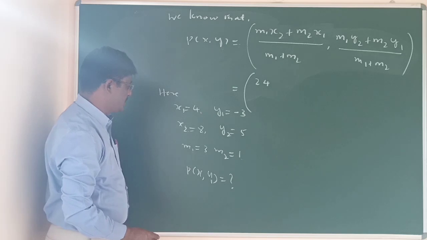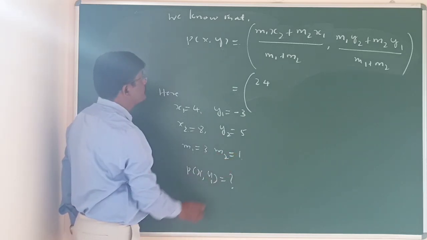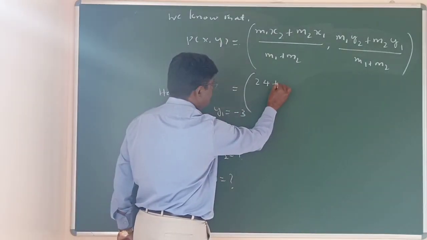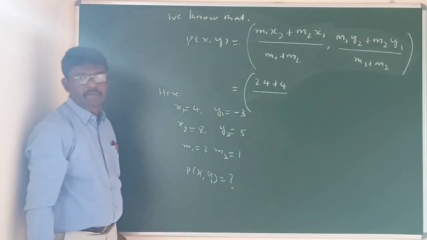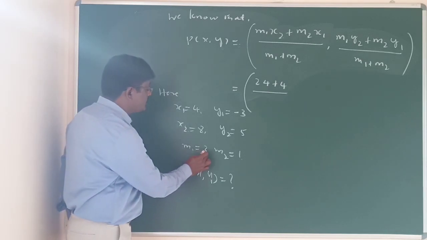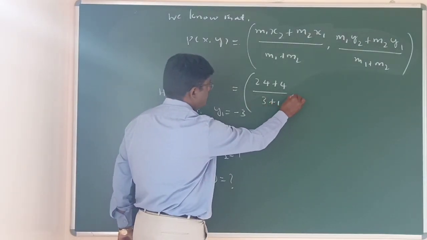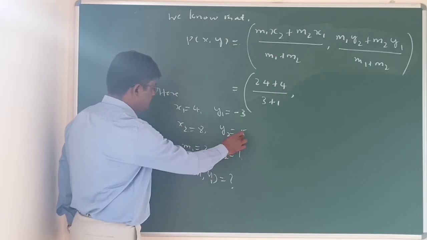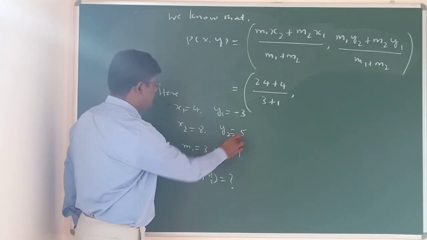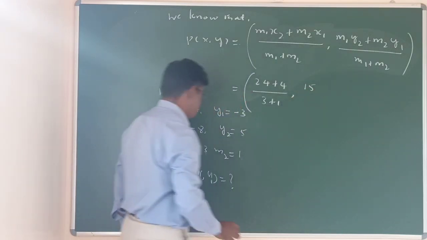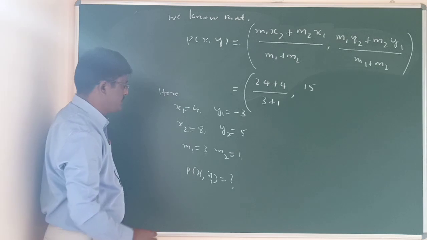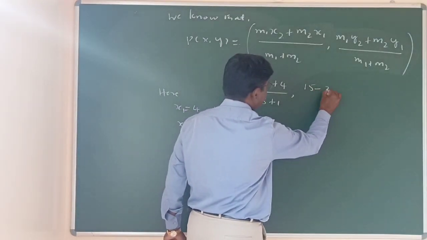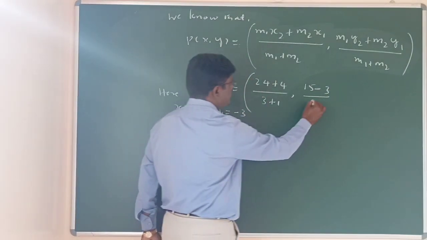Plus m2 x1: m2 is 1, x1 is 4, so 1 into 4, divided by m1 plus m2, that is 3 plus 1, comma, m1 y2: 3 into 5 is 15, plus m2 y1: 1 into -3, divided by 3 plus 1.